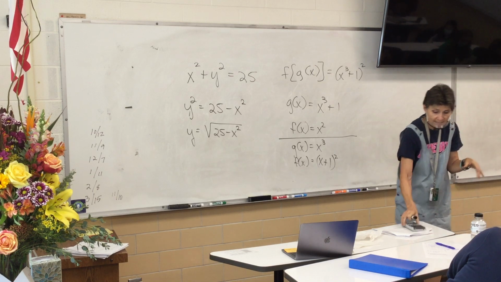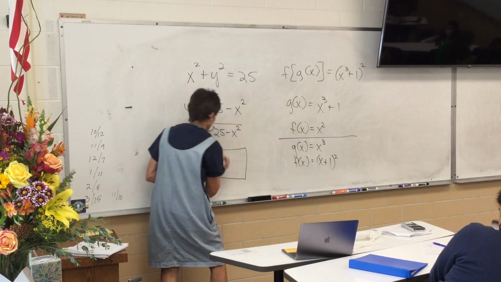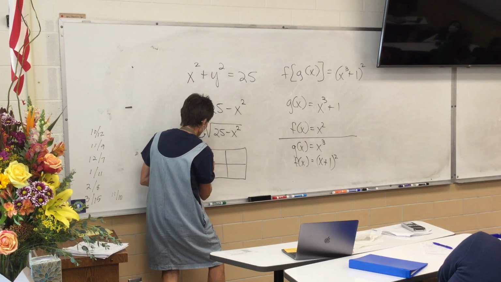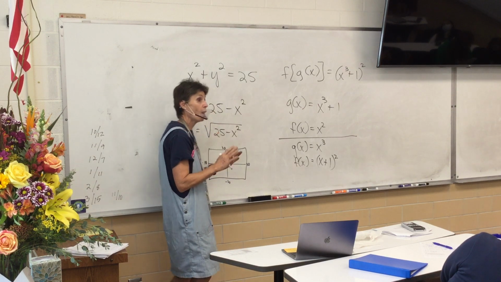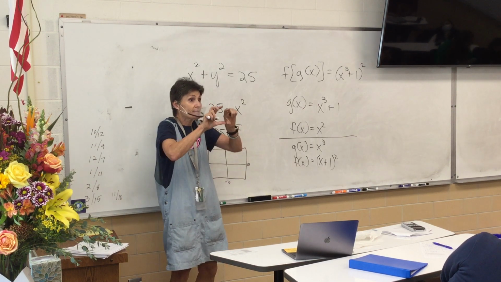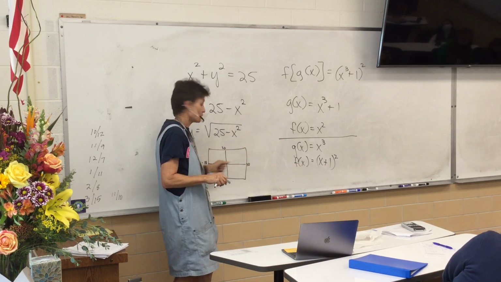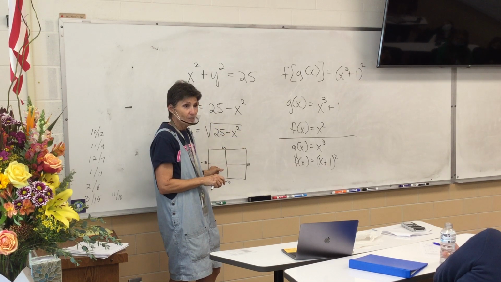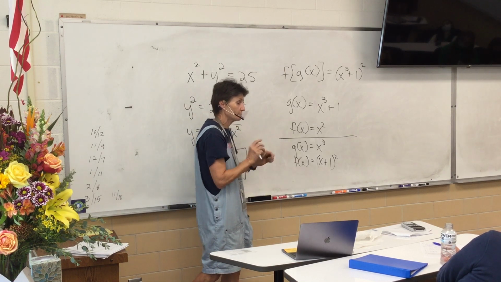And so when you set your window to -10 to 10, you have negative 10 to 10 on the x-axis and on the y-axis. Doesn't the picture get distorted this way? Because the screen isn't square. So if you want to see a more accurate picture, hit zoom square.